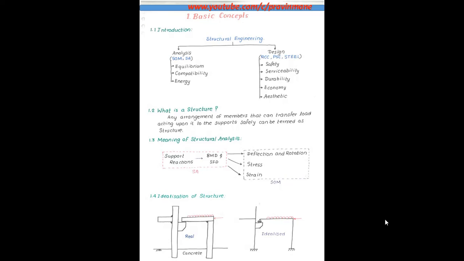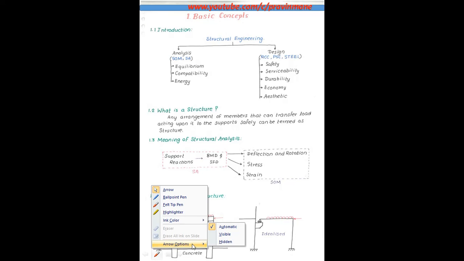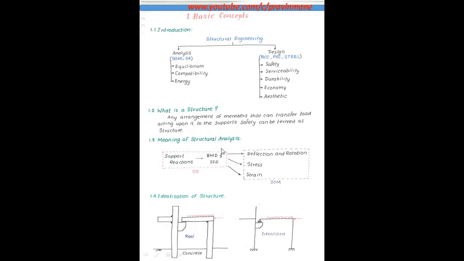Now the meaning of structural analysis. Firstly we'll take the arrow which is visible now. Here the meaning of structural analysis is that we need to calculate support reactions in the analysis part. In analysis we have two subjects, SA and SOM.